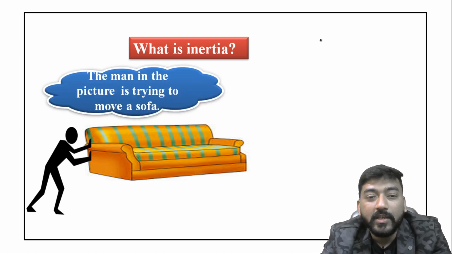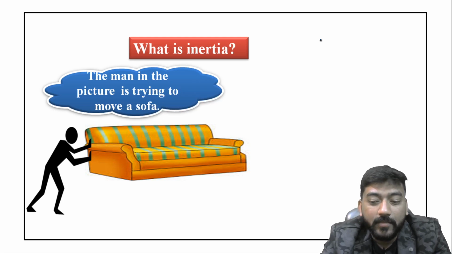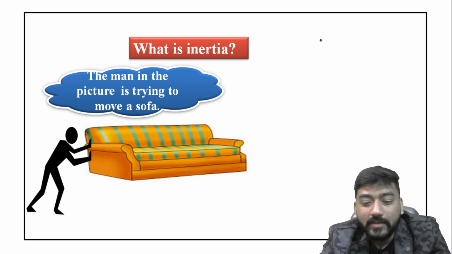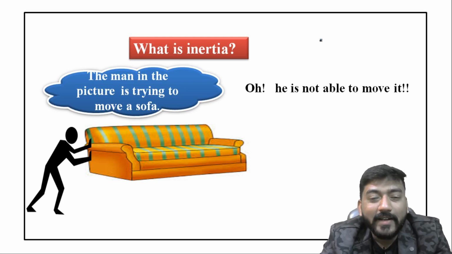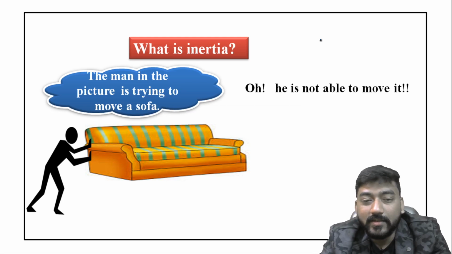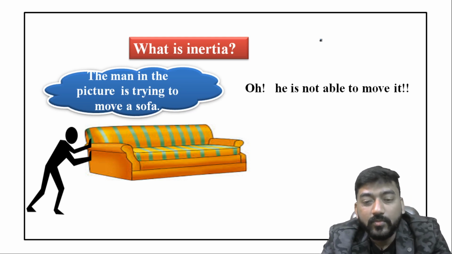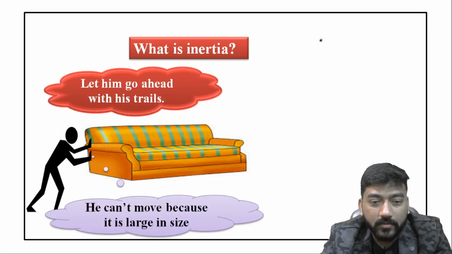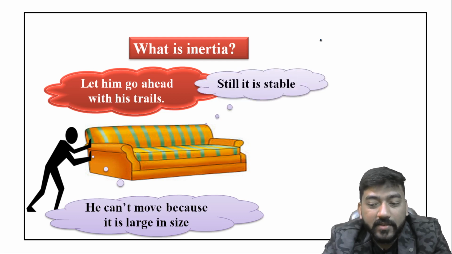If this man is trying to push this sofa, but the inertia of this sofa is so large, he will fail to move this object. So you can understand from these examples that the mass is responsible for this resistance to move. He can't move it because it's large in size, and large in size means obviously its mass is huge.